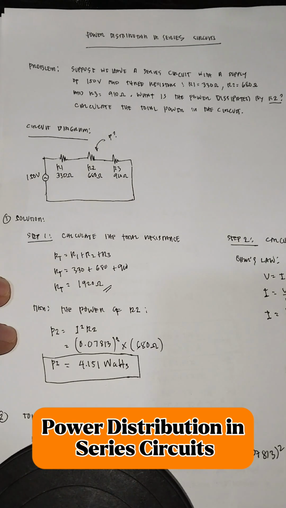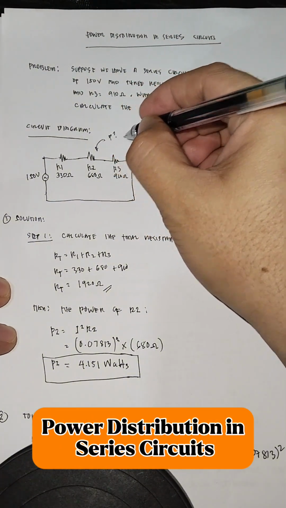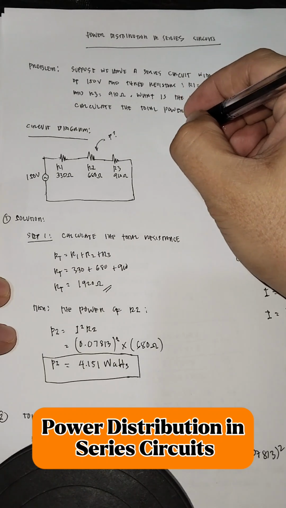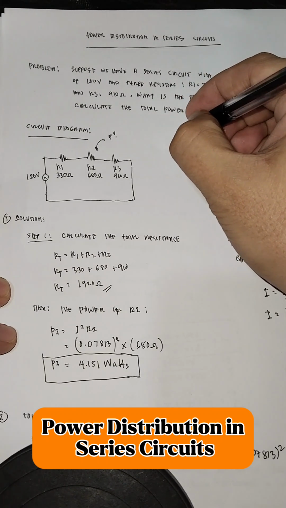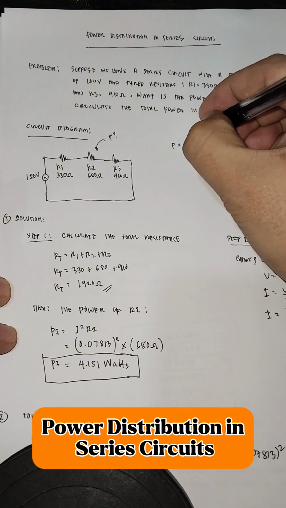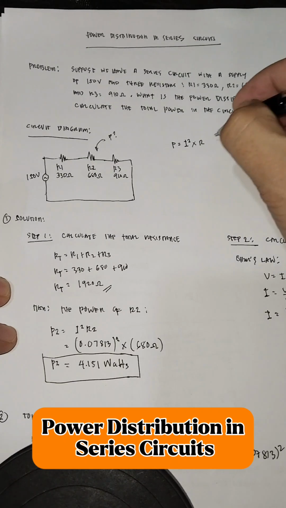Step 2. For us to get the power, we are going to solve power in terms of current times resistance.